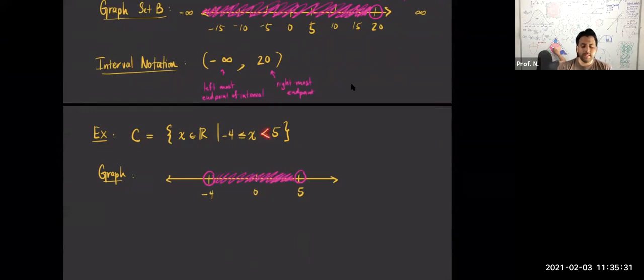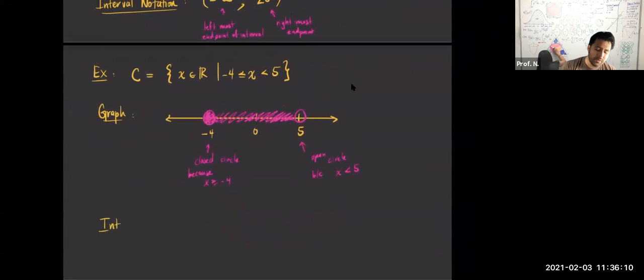But with this symbol here, less than or equal to, x could equal -4, and so I shade. So closed circle because x is greater than or equal to -4, and this is open circle because x is less than 5. Does this make sense?